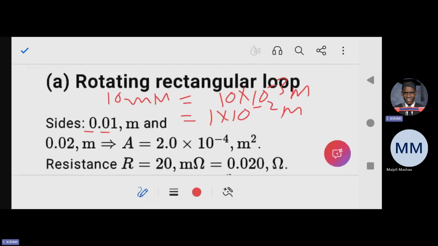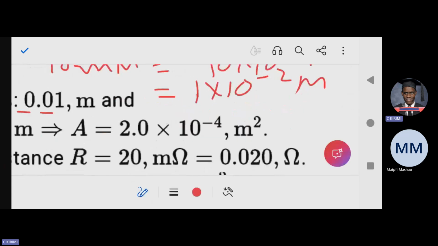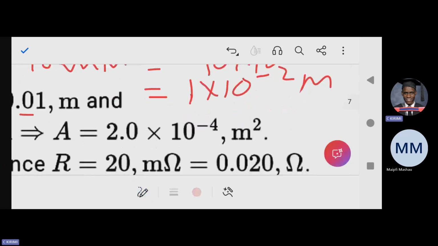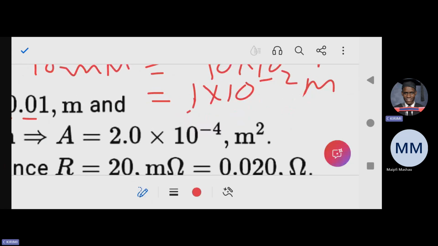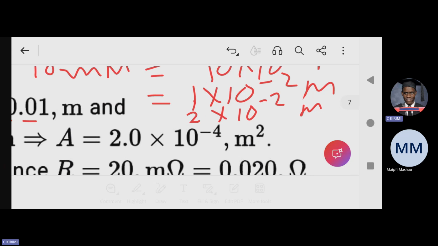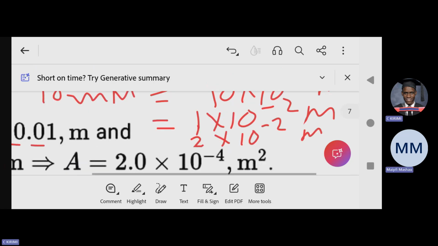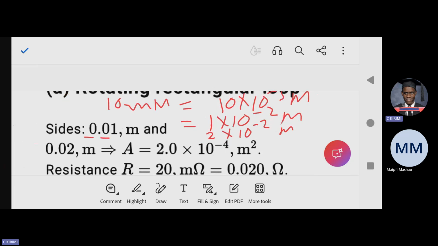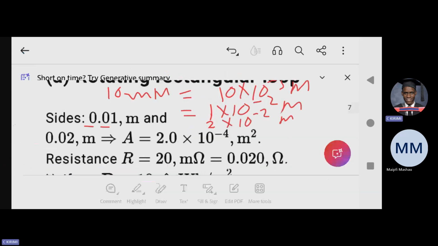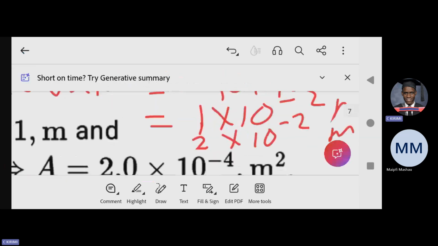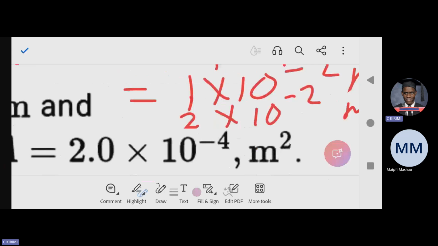The area of a rectangle, remember it's a rectangular loop, means you're multiplying the width and the length.